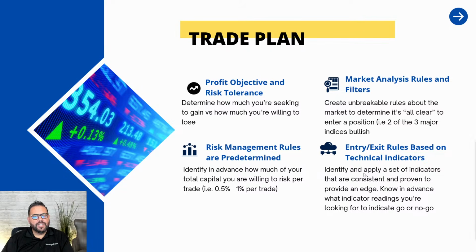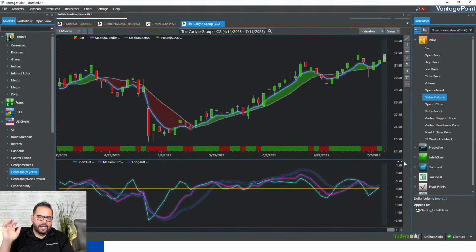Which means I need to identify and apply a set of indicators that are consistent and proven to provide an edge, and know in advance what the indicator reading is that you're looking for to say that is a good trending opportunity. That's the step we are in the trade plan, and I'm ready to do that now in the VantagePoint software. All right, so let's take a look.